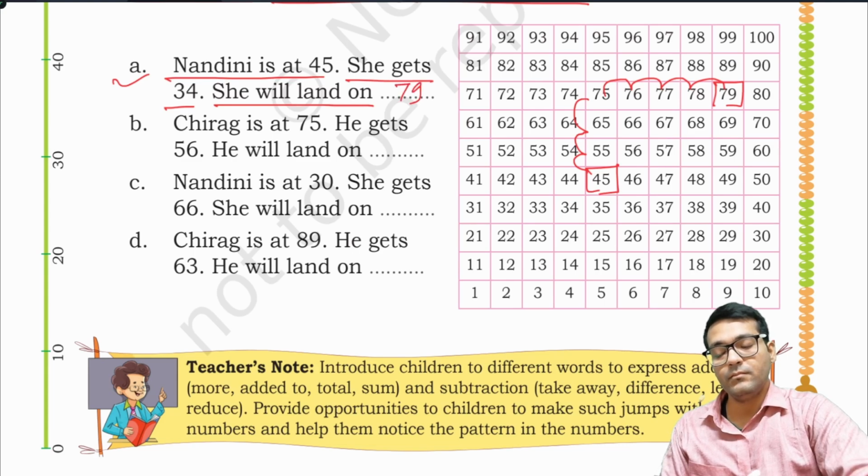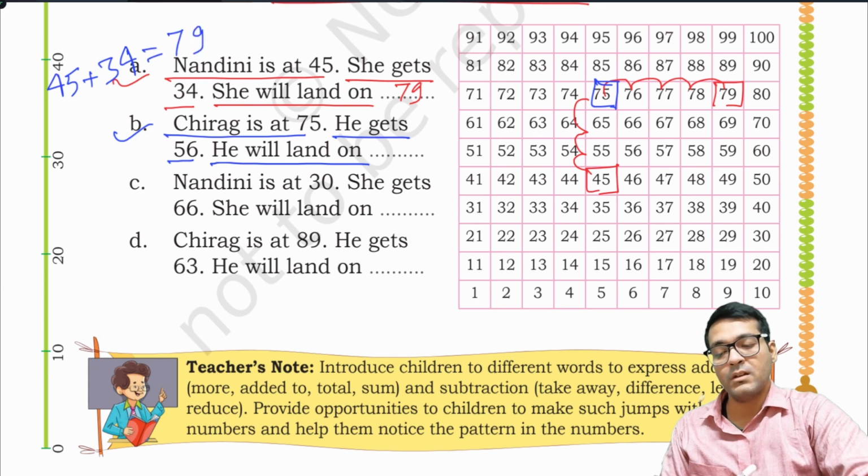Similarly, B. Chirag is at 75. He gets 56. He will land on. Chirag is at 75 here and he gets 56. He can't move in forward direction, so he has to move backward. For the first question, you have to add 45 plus 34. You will get 79.